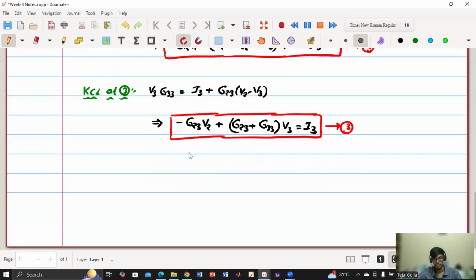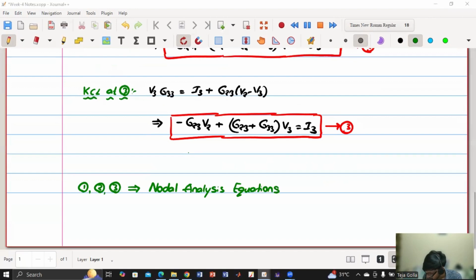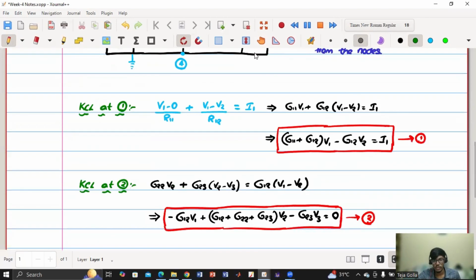Yes, sir. Okay. Now these equations 1, 2, 3 are called nodal analysis equations, because these are the equations we got by using nodal analysis. Now let us rewrite these equations in a better format. How?